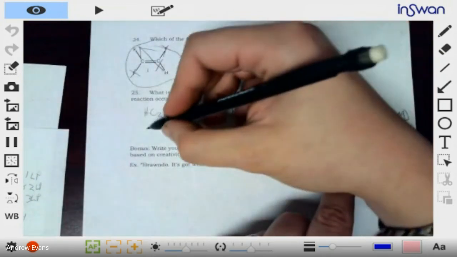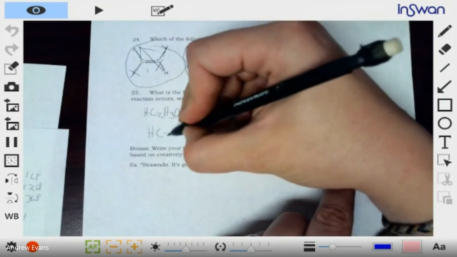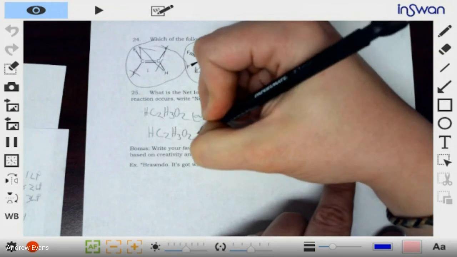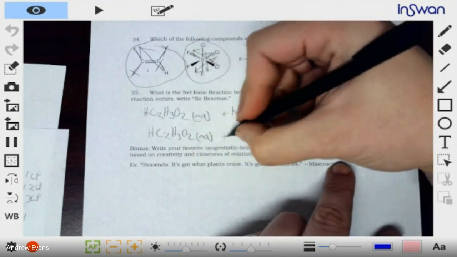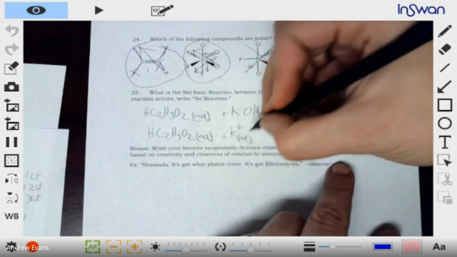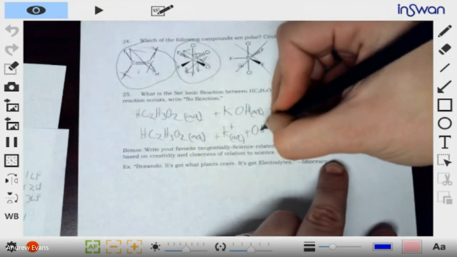However, when we move down to the next step, to breaking it into the total ionic, even though this is aqueous, it stays together. However, I'm not going to ask this right now because that is a tricky little bugger.